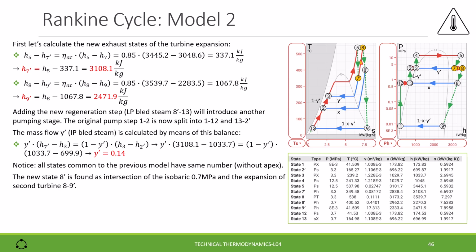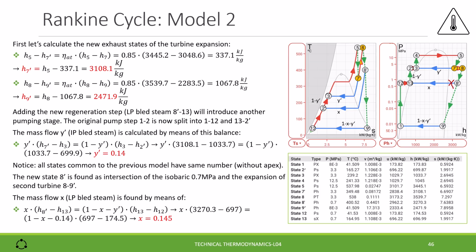All the states common to the previous model have the same number without the apex. The new state 8 prime is found as intersection of the isobaric 0.7 megapascal and the expansion of the second turbine 8-9 prime. The mass flow X, the low pressure bled steam, is found by means of this balance.